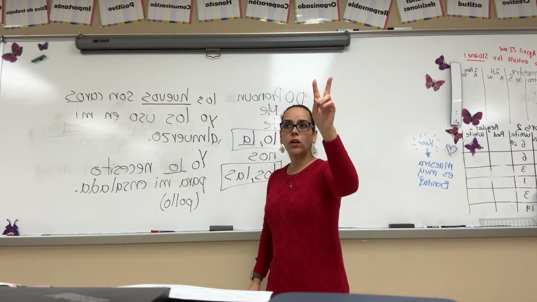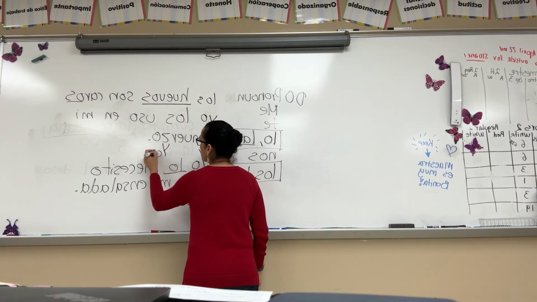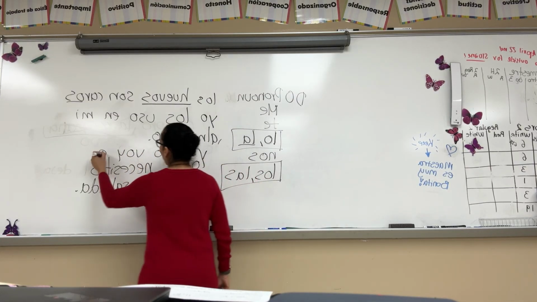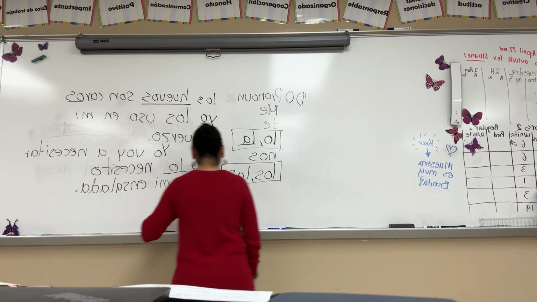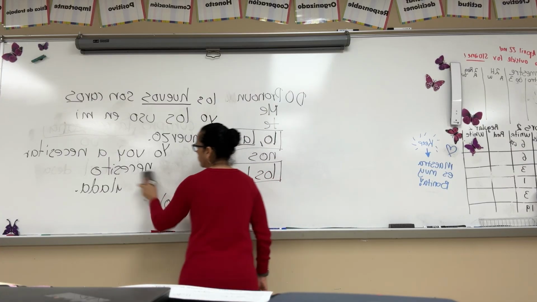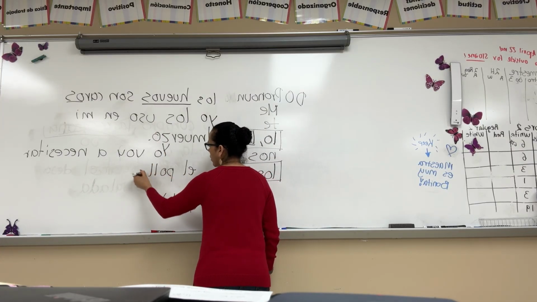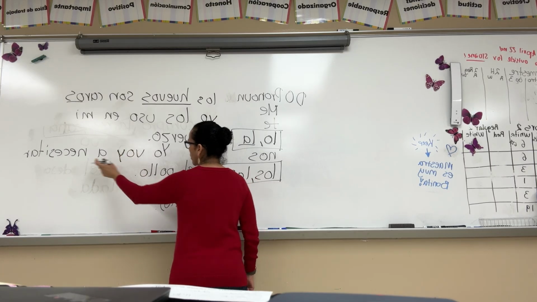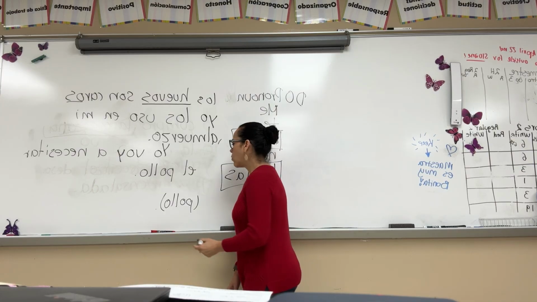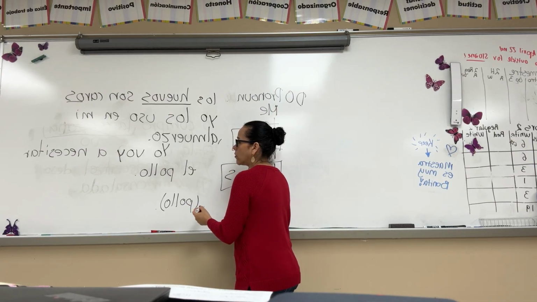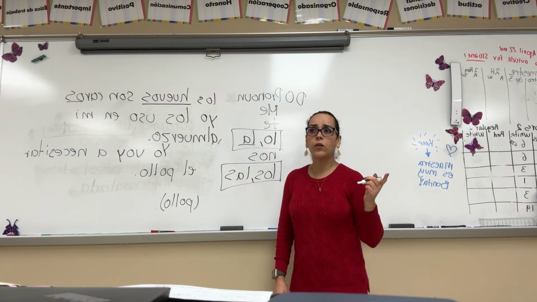Now, if I have two verbs, if I say yo voy a necesitar el pollo, I have two verbs: voy a necesitar. What do I do? Conjugate the first one and then place the direct object.